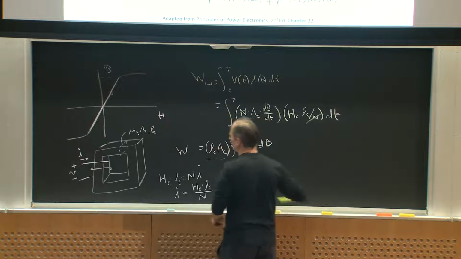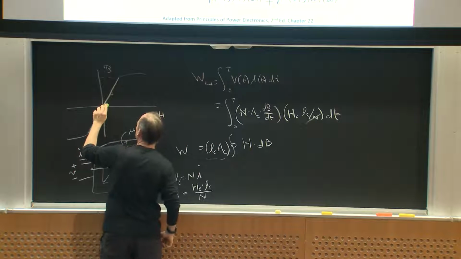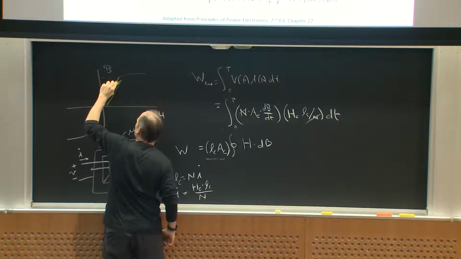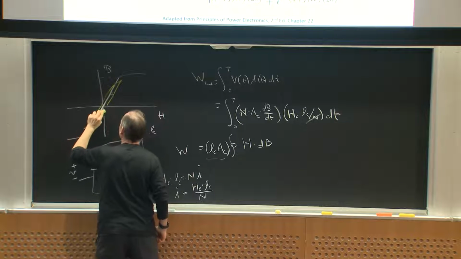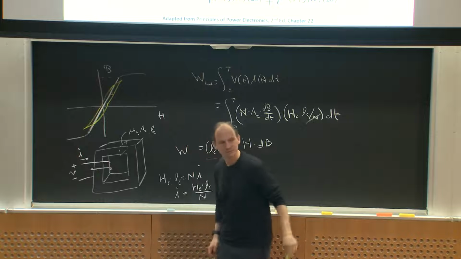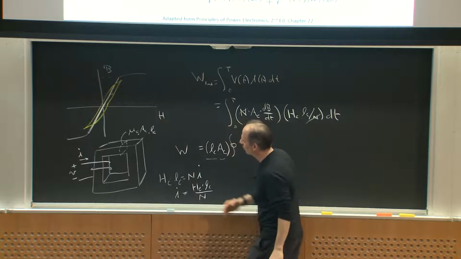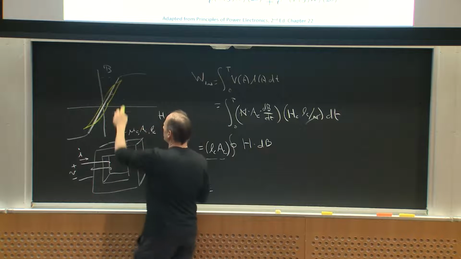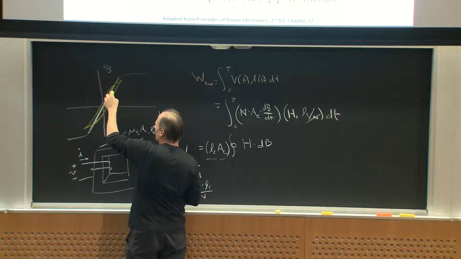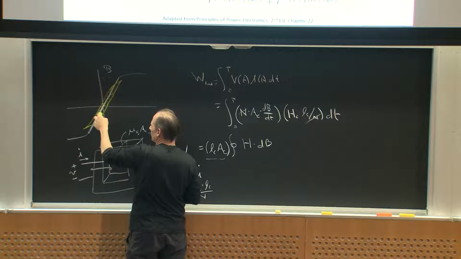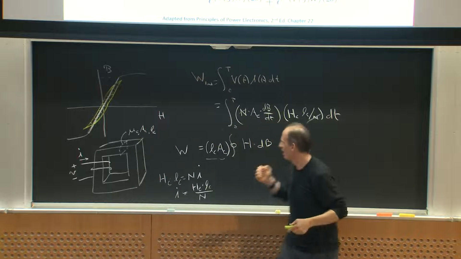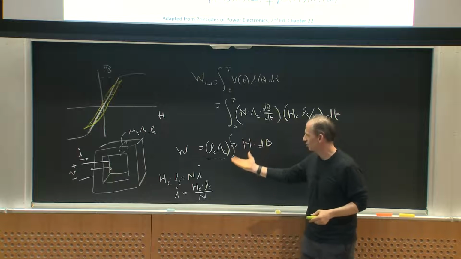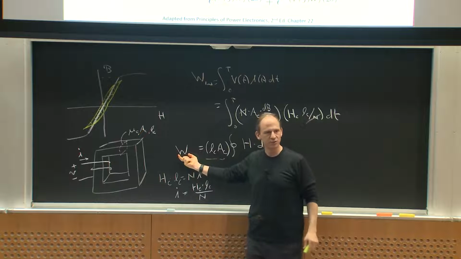What you really see is something that does this. It goes up, and then it comes down with some slight spacing like that. Okay? And if I think about the integral of H dB, that's really this area. Okay? So H and B really form a hysteresis loop, and the area inside that hysteresis loop is the energy I lose in a cycle.